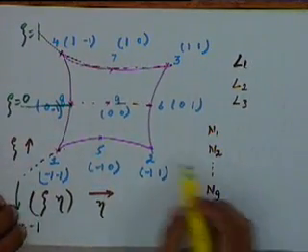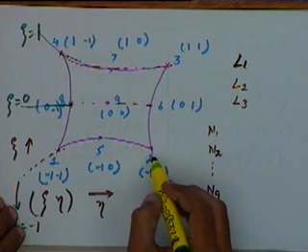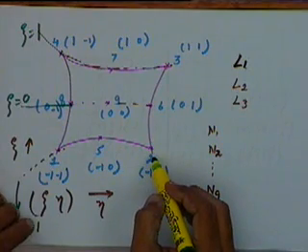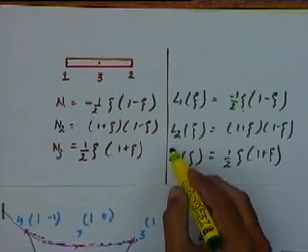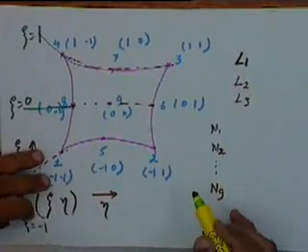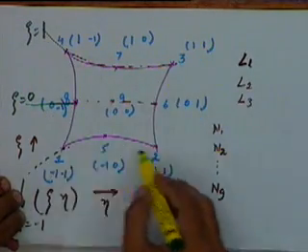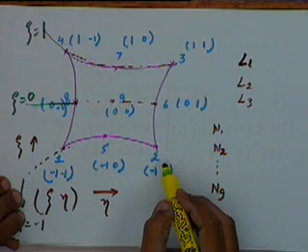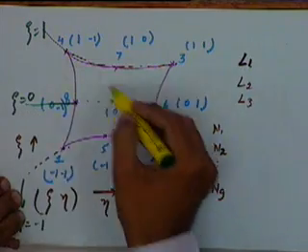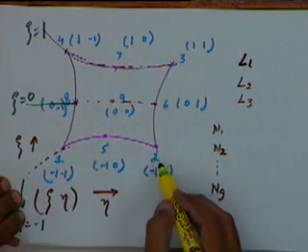Similarly, L2 will be 1 at this line, and 0 at this line and at this line. And L3 will be 1 at this line and 0 at both these lines.